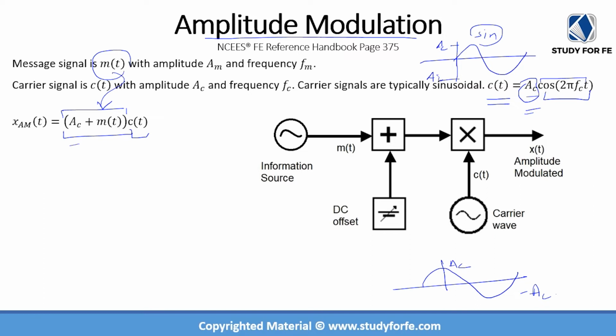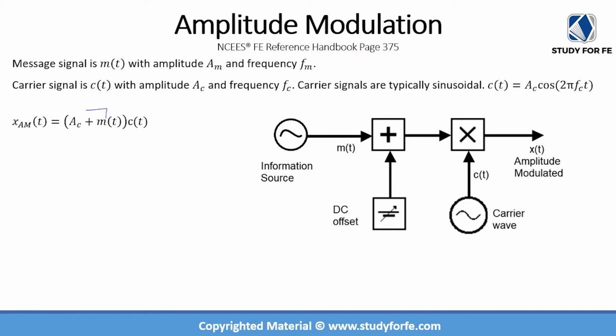Now, in this derivation, we are going to assume that this DC offset will basically add a DC offset of AC. This plus term is responsible for the DC offset. This is where I'm adding this DC offset, and this DC offset is equal to the amplitude of the original C of t. So that's what it physically means.